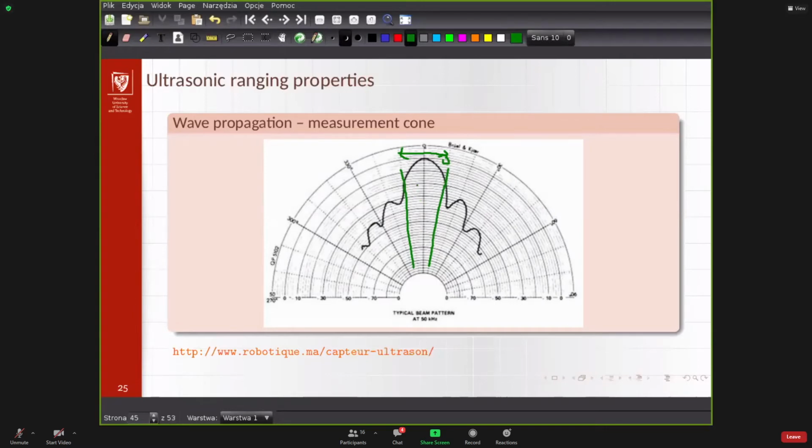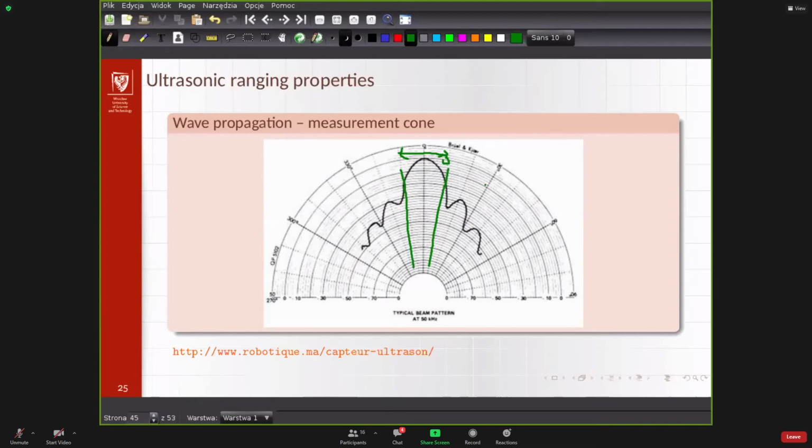Does it have a usage? Of course, yes. As you probably know, lots of cars have parking sensors using sonars, exactly because of this imprecise direction, because you really do not need to know exactly where the pole is or where there is a wall behind the car.